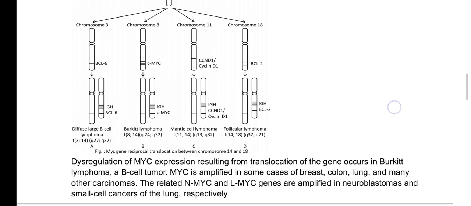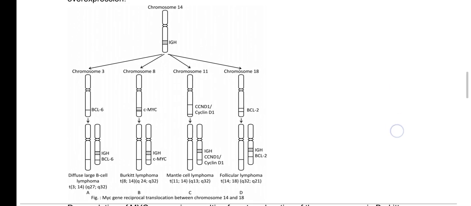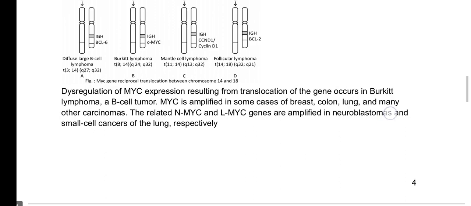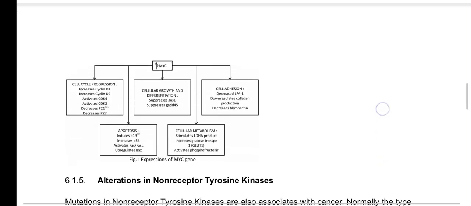MYC gene reciprocal translocation is shown in this figure. Dysregulation of MYC expression resulting from translocation of the gene occurs in Burkitt lymphoma, a B cell tumor. MYC is amplified in some cases of breast, colon, lung, and many other carcinomas. The related NMYC and LMYC genes are amplified in neuroblastomas and small cell cancers of lung, respectively.